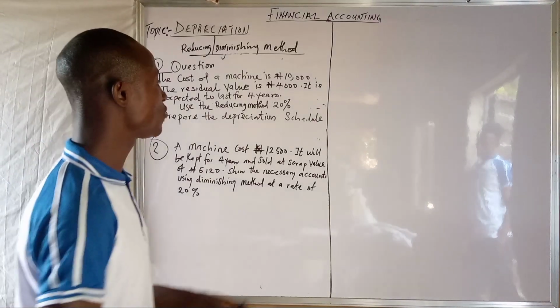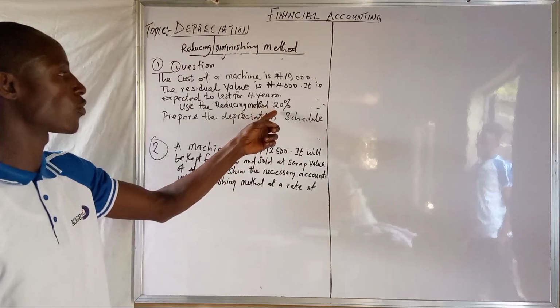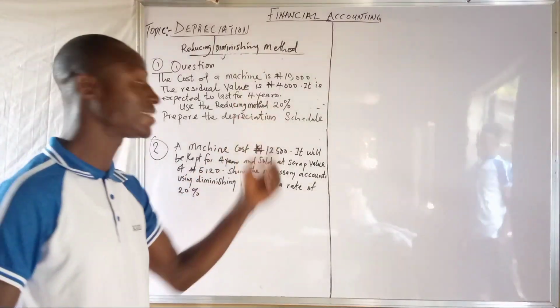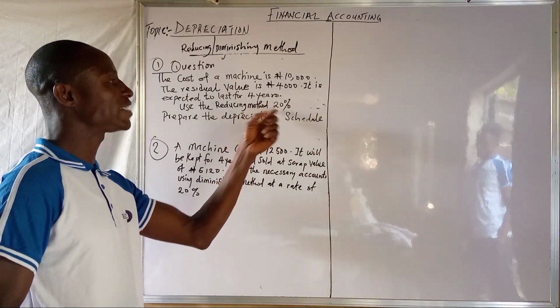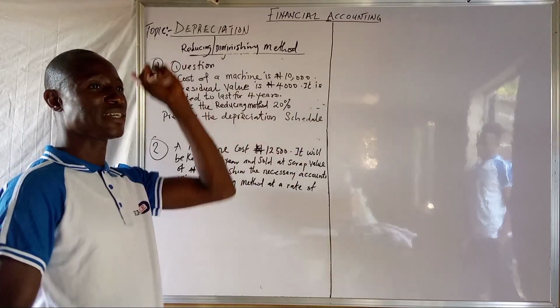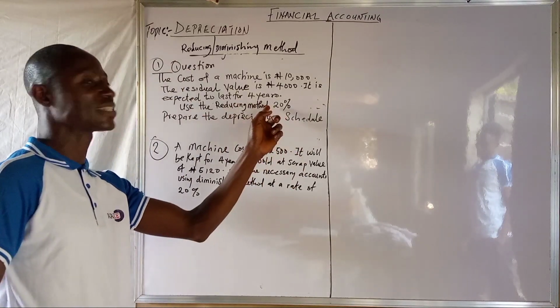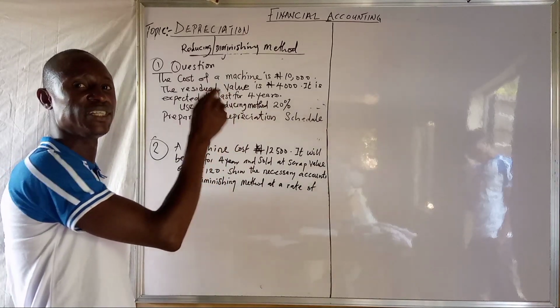In some cases, if we have not been given this particular percentage, there is a formula for us to be able to look for the percentage. But due to the fact that the percentage is one of the disadvantages of this method, that is difficulties in calculating the percentage, it is a disadvantage for a company to adopt the reducing method.